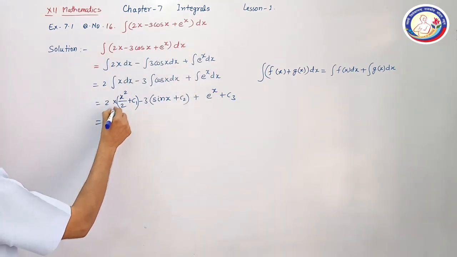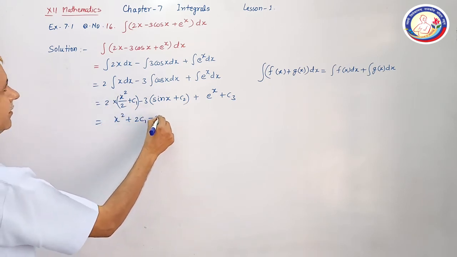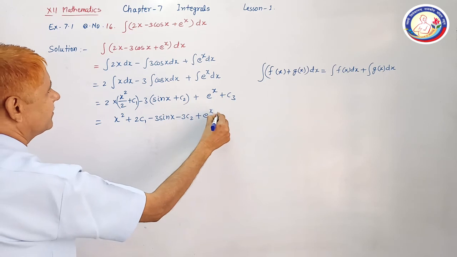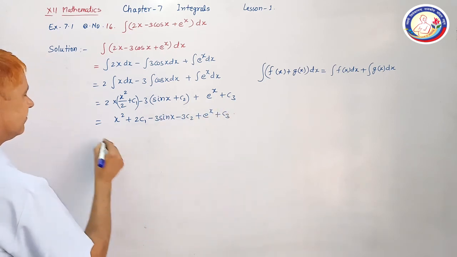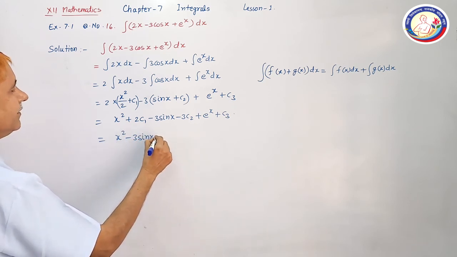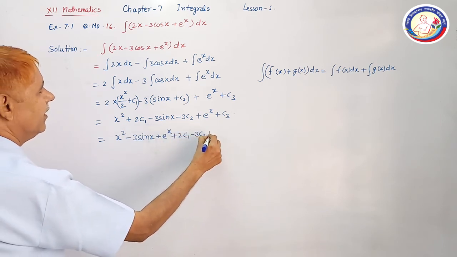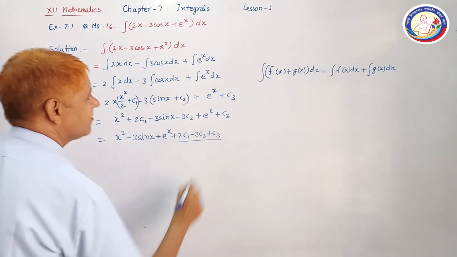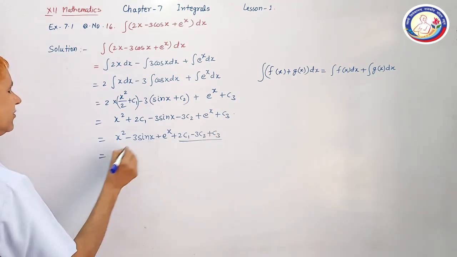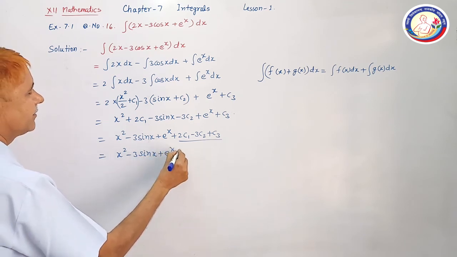Now simplify this. This is x square plus 2c1 minus 3 sin x minus 3c2 plus e raised to power x plus c3. Arrange it once again: x square minus 3 sin x plus e raised to power x plus 2c1 minus 3c2 plus c3, and write a single constant of integration in place of these three constants: x square minus 3 sin x plus e raised to power x plus c.